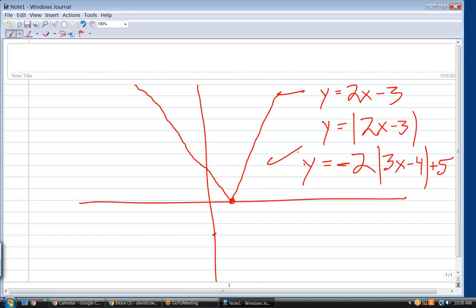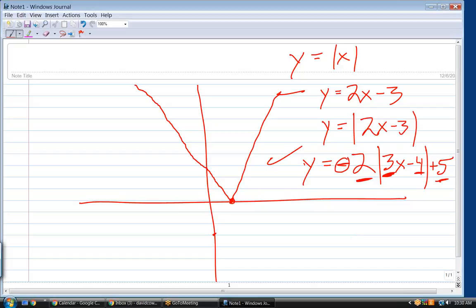If I said graph that, it would be a little tough without going back and seeing what the elementary function is. The elementary function is that. And each of these things: that's a reflection over the x-axis, that's a vertical stretch factor, that's a horizontal compression factor, that's a shift to the right by 4 units, and that's a shift up by 5 units.